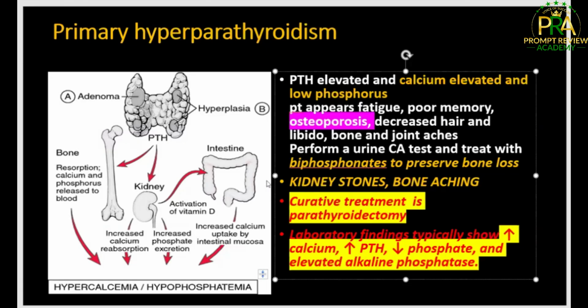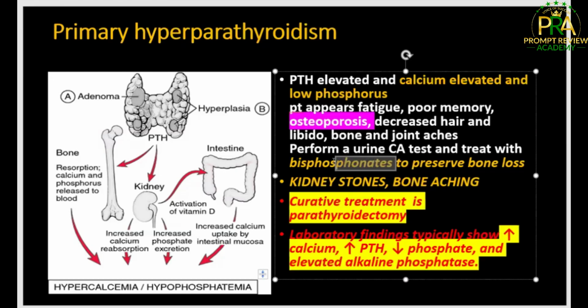And also, what is the treatment? Of course, the treatment is going to be surgery because there is an overproduction. Remember, it's hyper. But if you want to give them medication, the medication that we usually give for the purpose of the exam is bisphosphonate.